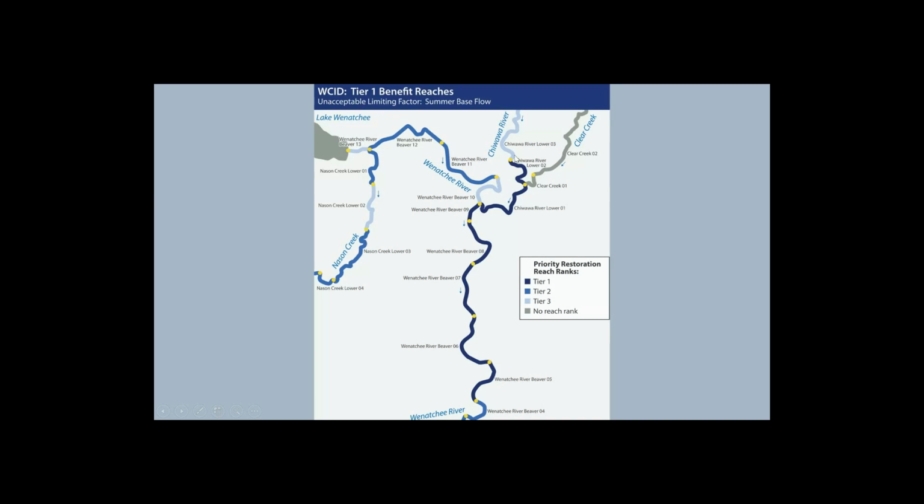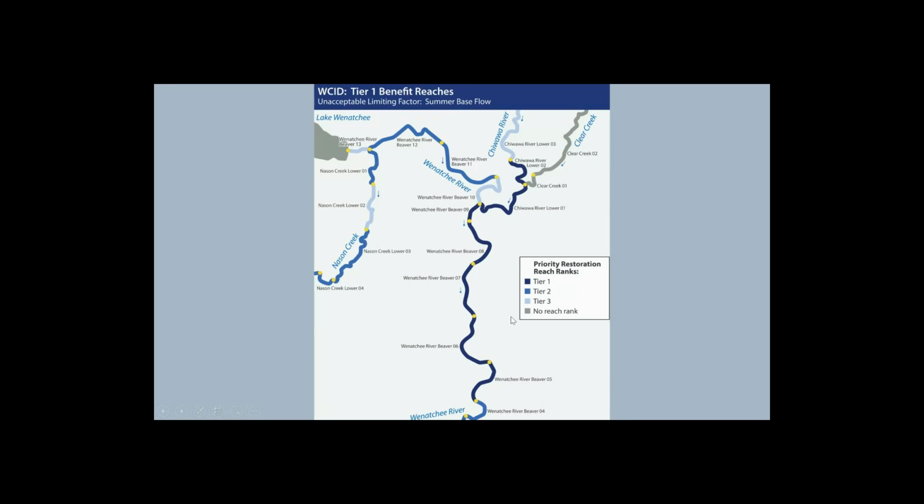So our project is exactly located in the Tier 1 reach ranks for Chihuahua River Lower 02, Chihuahua River Lower 01, and then the Wenatchee River Beaver reaches 9, 8, 7, 6, and 5.